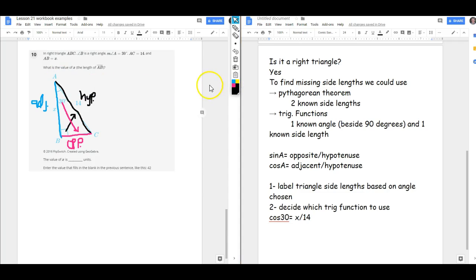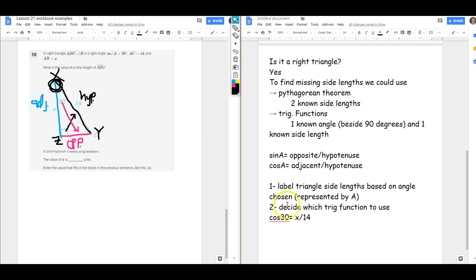This could be labeled uppercase X, uppercase Y, uppercase Z, and I still would have chosen cosine of angle A because the A is representing the angle I chose. So to me, this A represents the angle I chose. So that's just some clarification on it.